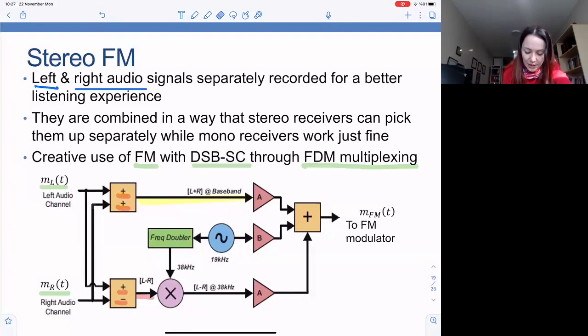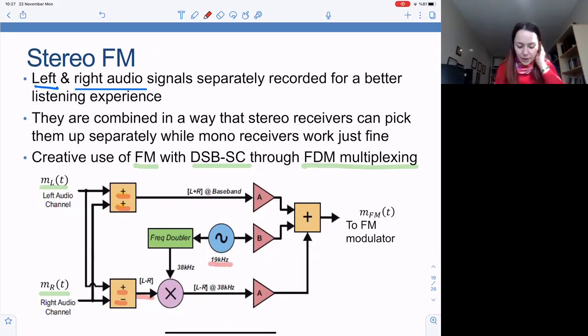Now, when you transmit ML plus MR, combine them with a 19 kilohertz carrier.